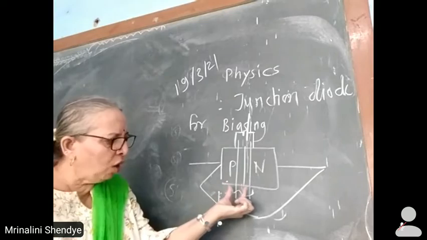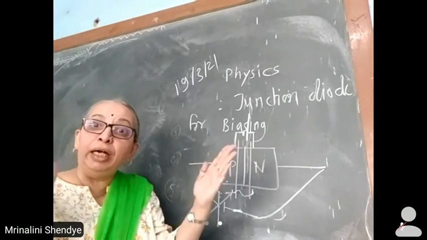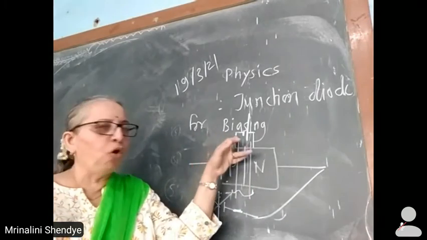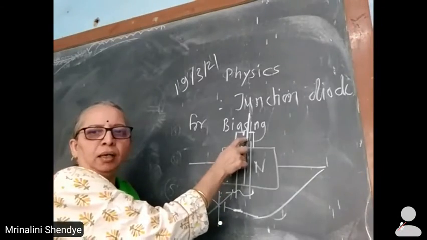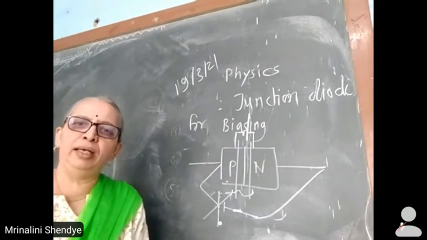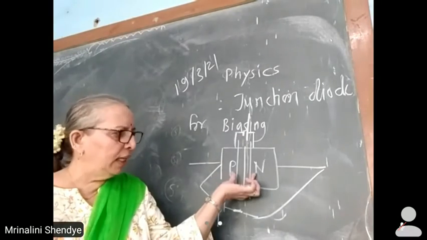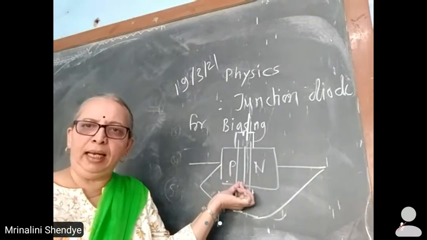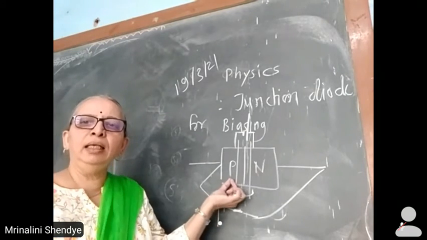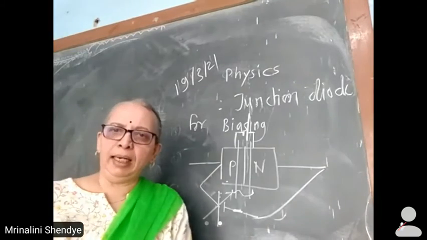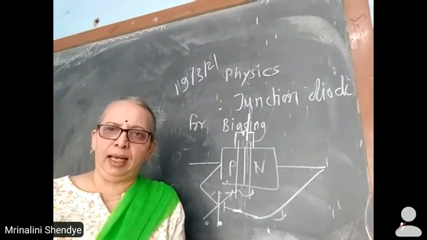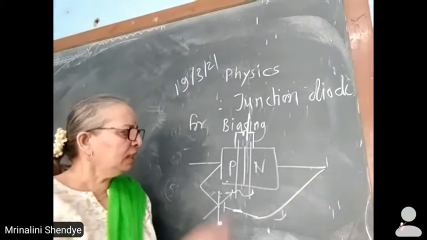The width of this depletion layer reduces in forward bias because this overcomes the default barrier potential, and since reduction in depletion layer, reduction in opposition offered by PN junction diode from itself, current starts flowing.